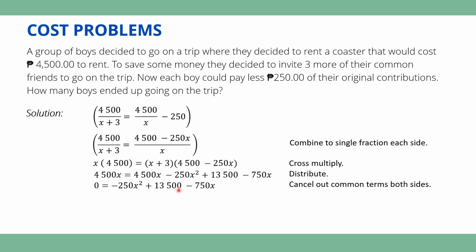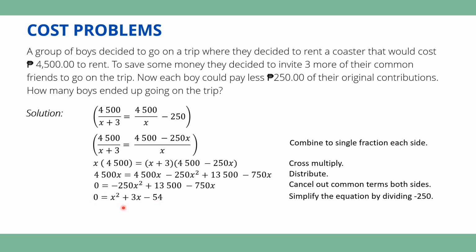So, before ka po na mag-factor out, paliitin muna natin yung ating numbers by dividing both side by negative 250. Simplify lang muna natin. You will have now a new equation which is 0 equal to x squared plus 3x minus 54.